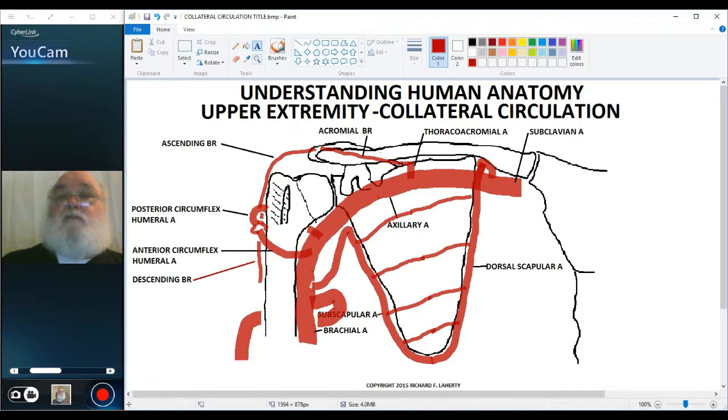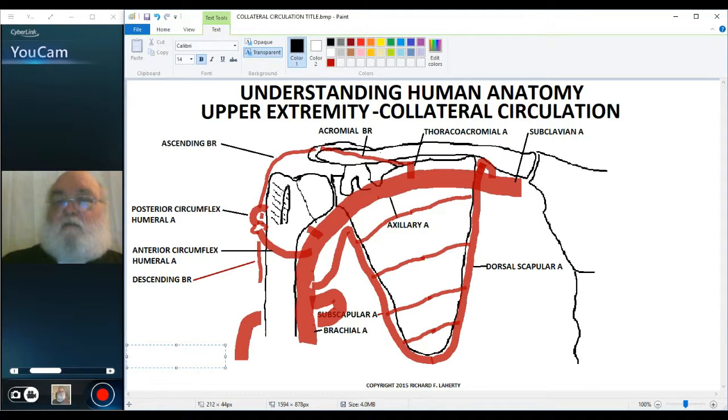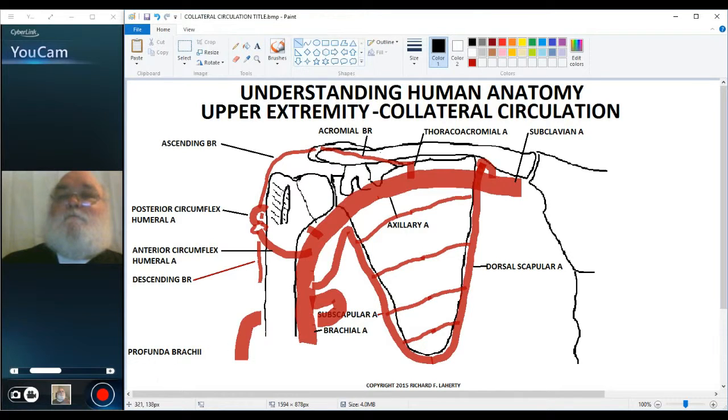So this is profunda brachii. Put a line in.